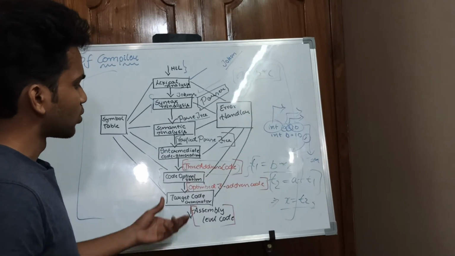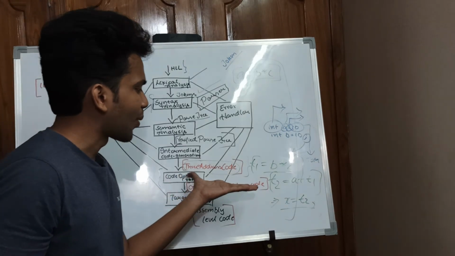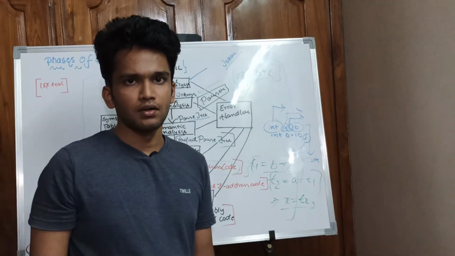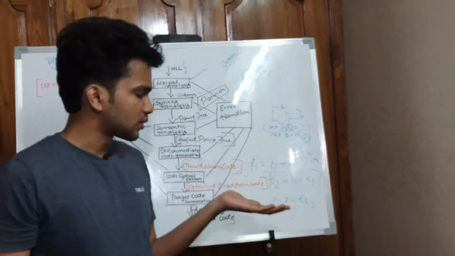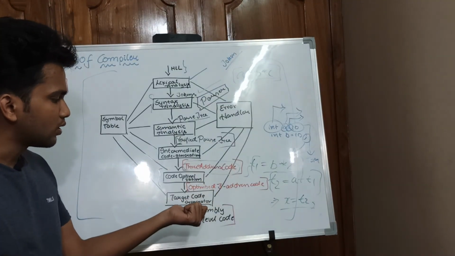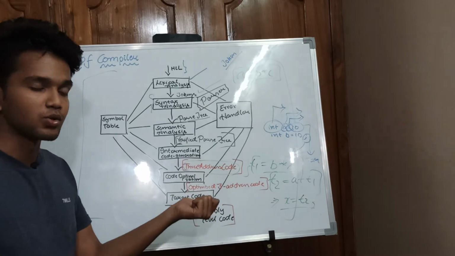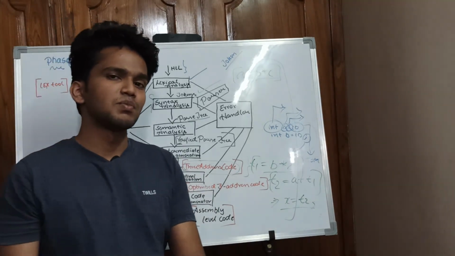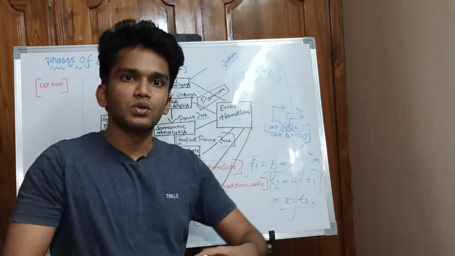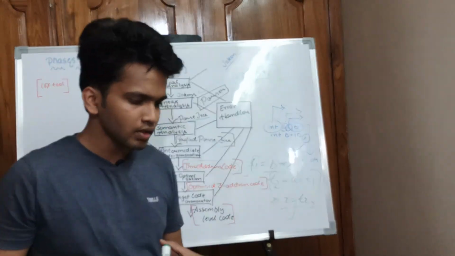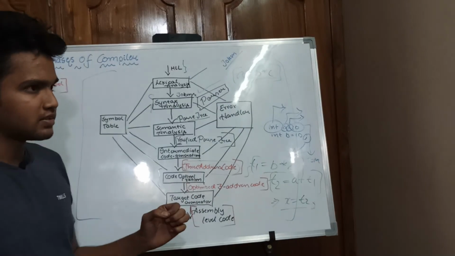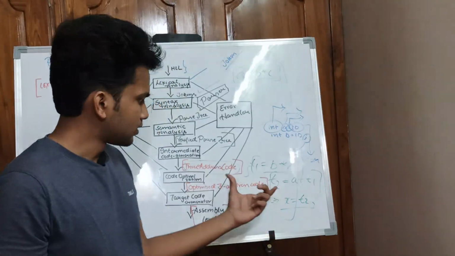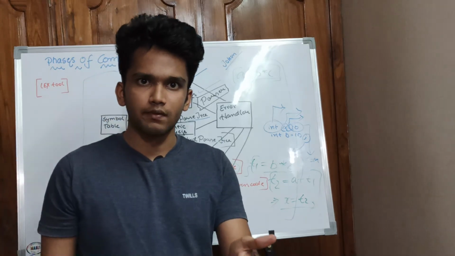Now the target code generator, which takes whatever optimized code is obtained. This is the last, or final, phase. The code is passed through the target code generator to obtain the assembly level code. How does this function? The target code generator directly converts this code into the required machine level code.